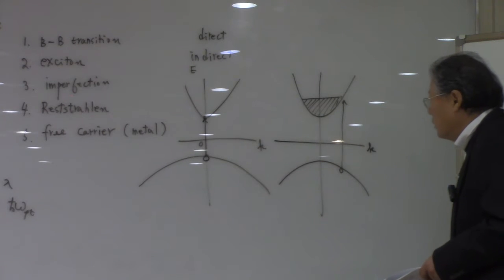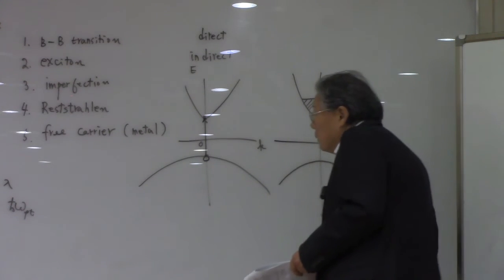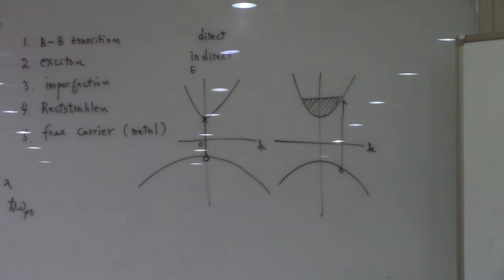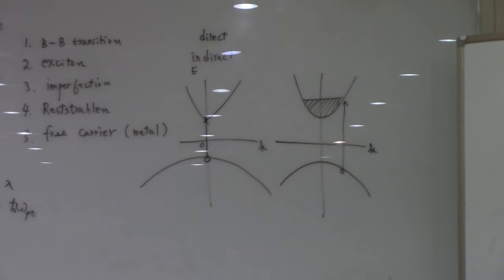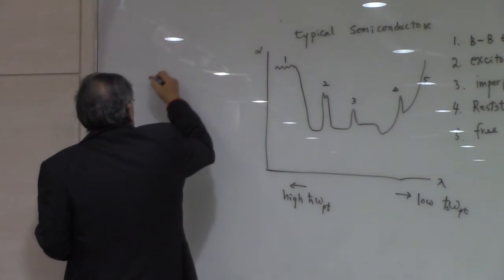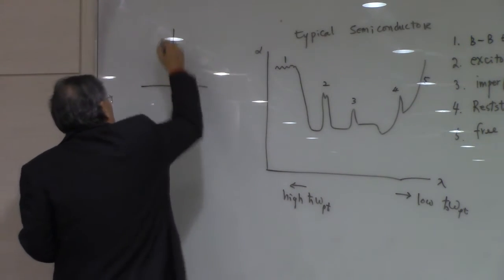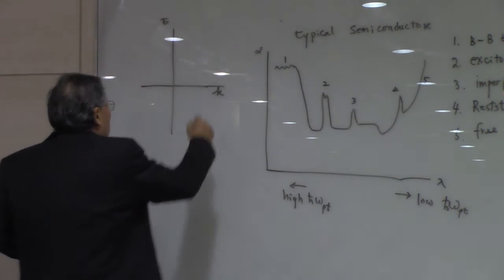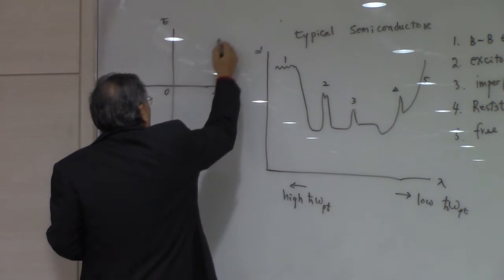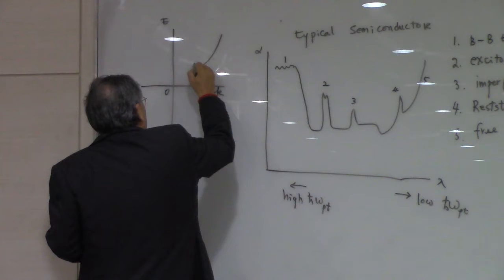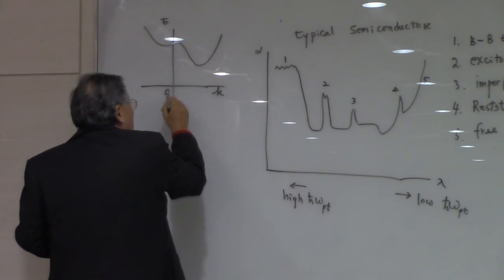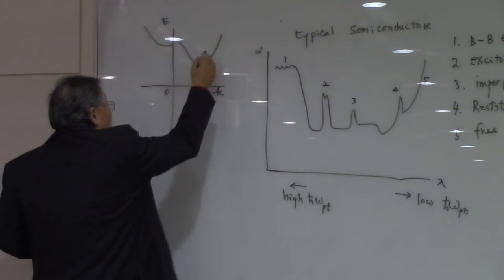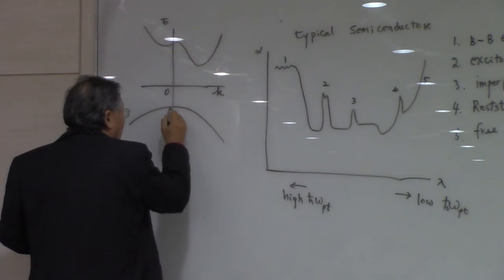And the indirect transitions happen if the E-k diagram of a certain solid shows the minimum offset from k equal to 0, that is the conduction band, and this is the valence band.